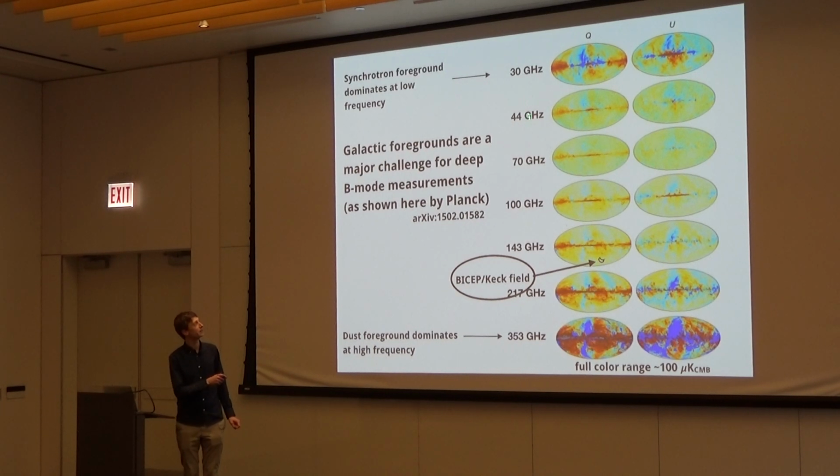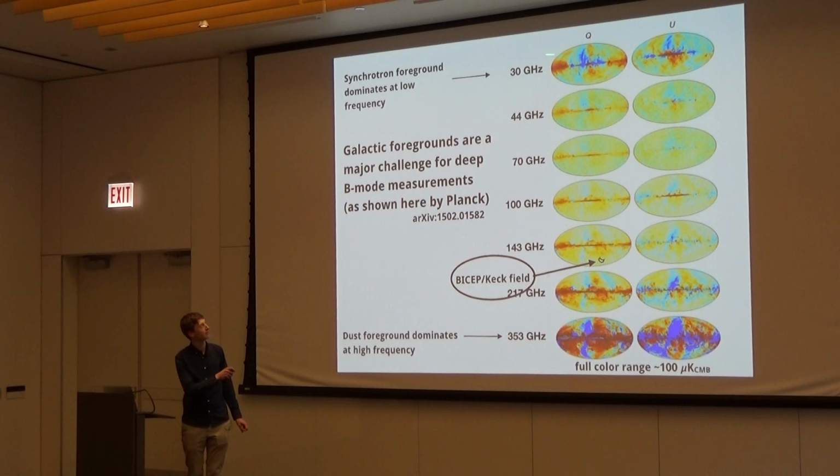So what you can see here at low frequencies is the galaxy showing up brightly in the synchrotron foreground. So this is free electrons that are spiraling in the galactic magnetic field, emitting microwave radiation. And then if you go all the way up to these high frequencies, you can see the map start to become dominated by thermal emission from dust.